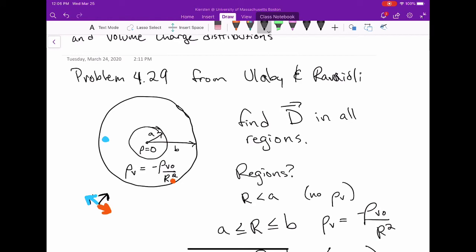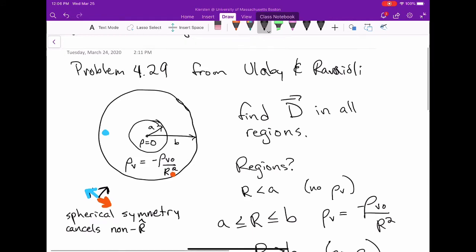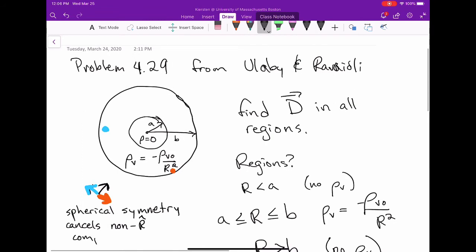At any observation point, I can choose two opposing locations on the sphere to cancel out any non-radial components. So the spherical symmetry cancels non-R components of D.